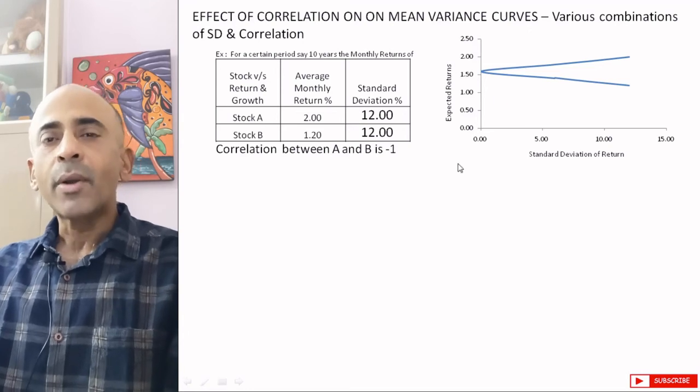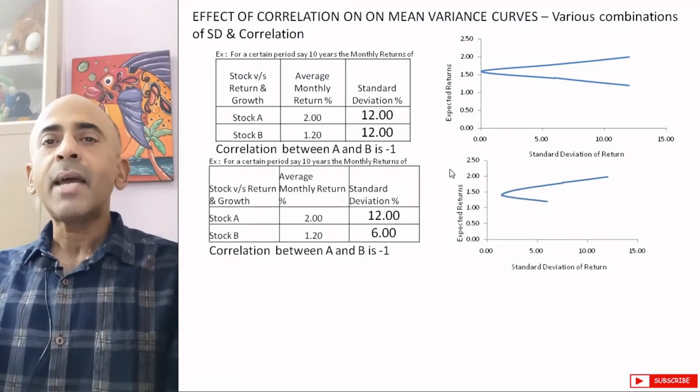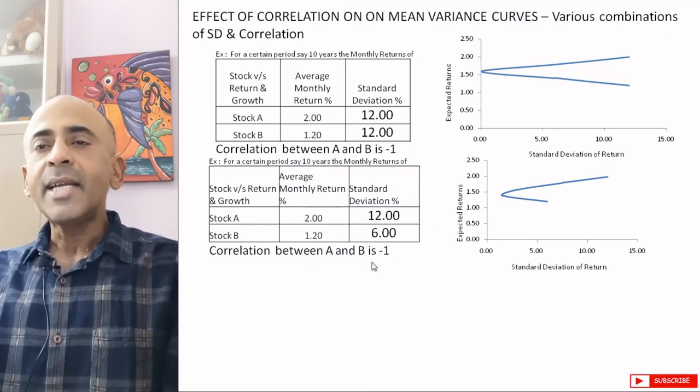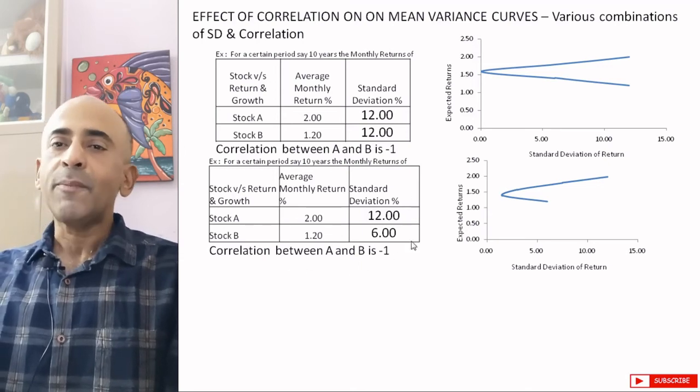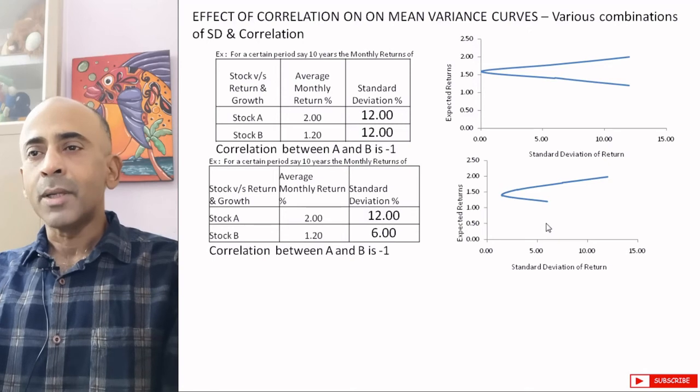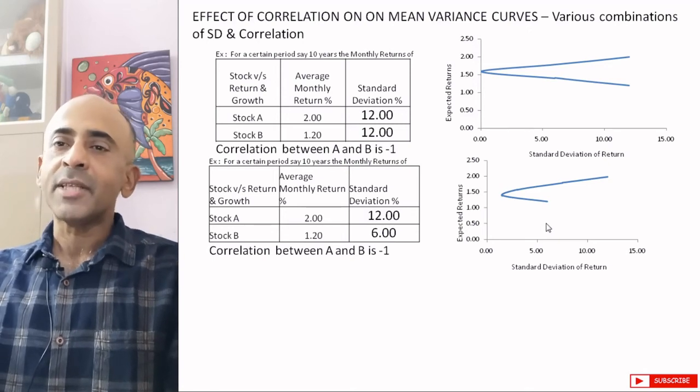In the second case, we have stock A and stock B with the same returns, but the standard deviations are different. Stock A has 12% standard deviation and stock B has 6%. In this case, we get a normal bullet curve, the one we have achieved in the past.